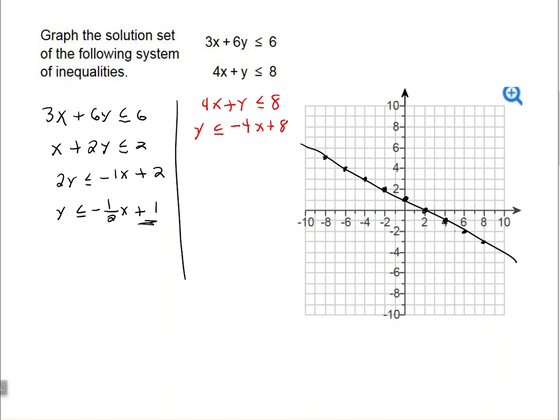So my y-intercept is 8. And my slope for graphing purposes is negative 4 over 1, so down 4 places and to the right 1 place. And again, I have the or equal to bar, so that's a solid line.